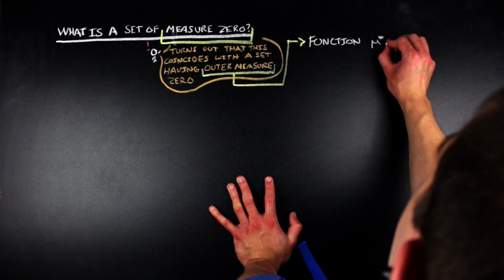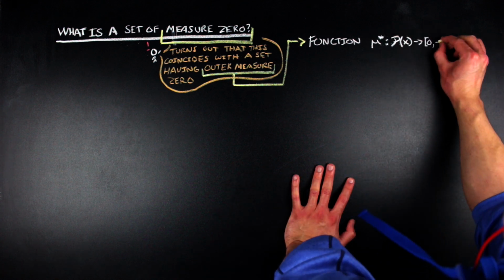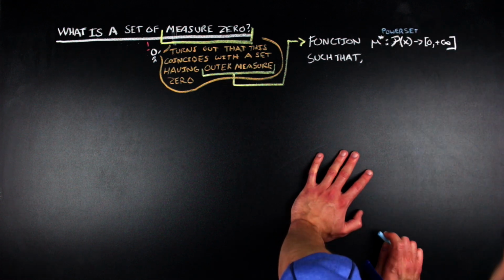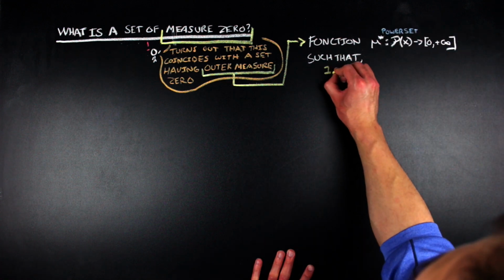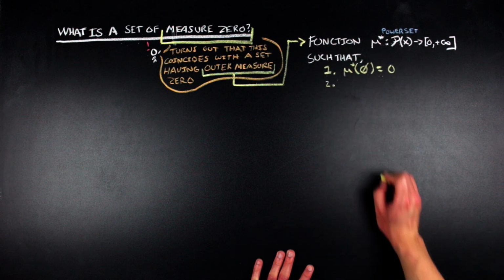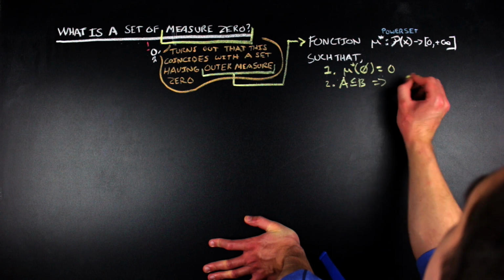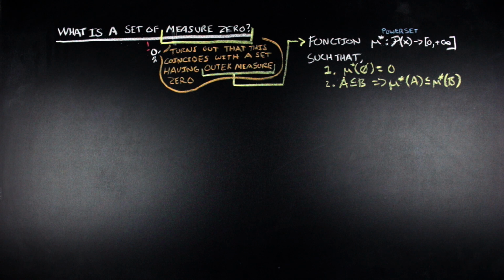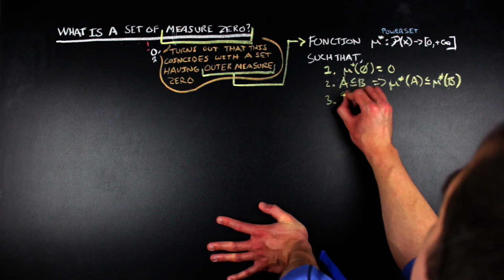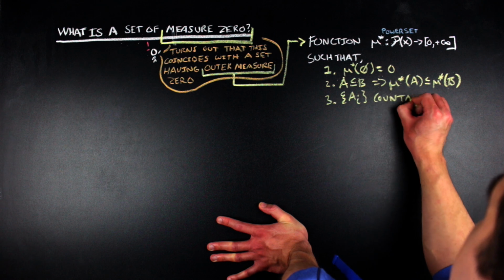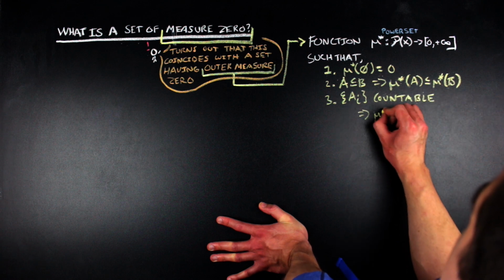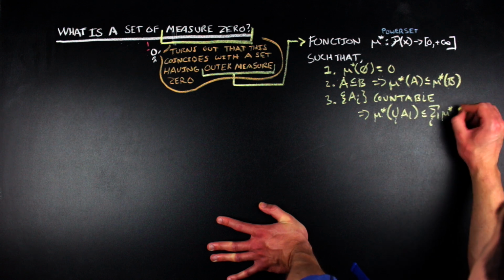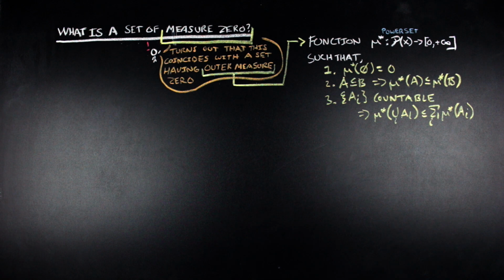So an outer measure is a function mu star from the power set of a set to the positive real numbers with positive infinity, such that 1, the outer measure of the empty set is 0. 2, if A is a subset of B, then the outer measure of A is less than or equal to the outer measure of B. And then 3, if A sub i is a countable collection of sets, then the outer measure of the union of all of those sets in the collection is less than or equal to the sum of the outer measures of all of those individual sets from the collection.